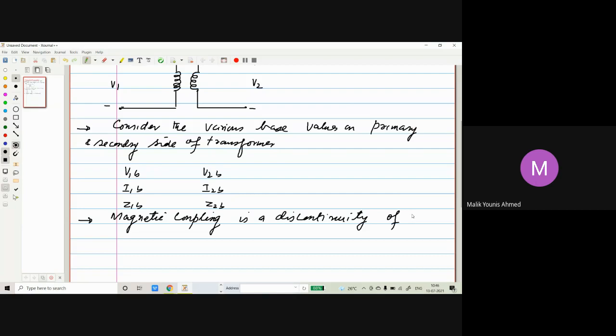Discontinuity means that if we have voltage V1 on the primary side, the secondary side voltage will be different. So there is a discontinuity in the voltage and in the circuit. In order to remove this, we have to make some analysis in terms of per unit values. Let us see what we will be doing.